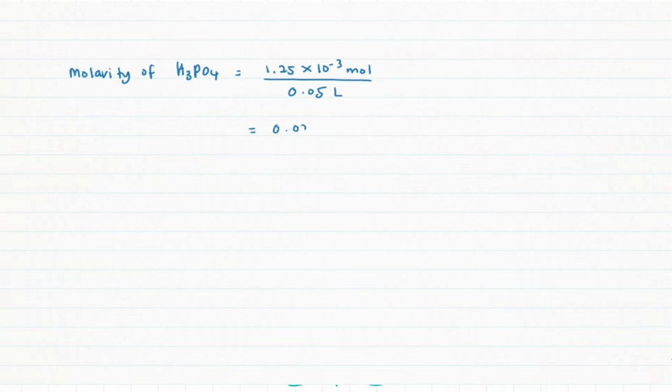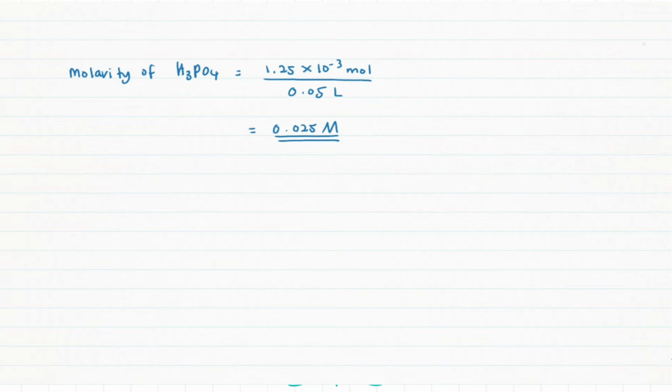So molarity of H3PO4 is equal to mole, 1.25 × 10^-3 mole divided by volume 0.05 liter. So the answer is 0.025 molar. This is your final answer. Okay, that is how I use the stoichiometric relationship to calculate mole of H3PO4 from mole of sodium hydroxide.